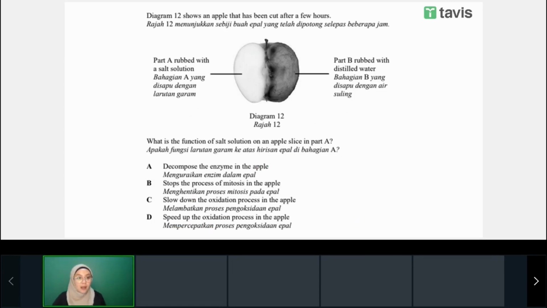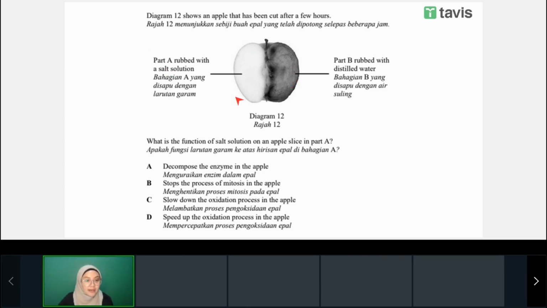Okay. Now, we can see the oxidation of an apple. Diagram 12 shows an apple that has been cut for a few hours. We slice the apple, yeah? Part A, we can see that it is still clear, no brown. Just imagine that brown color indicates the oxidation process.